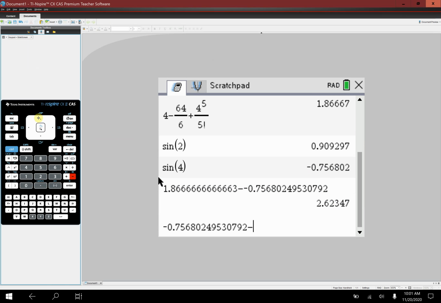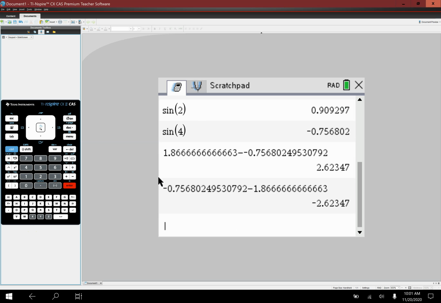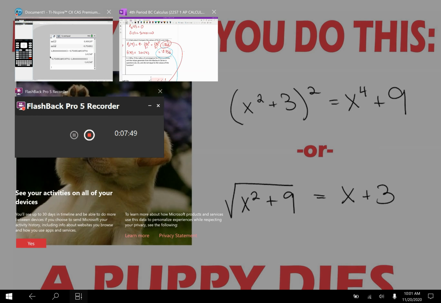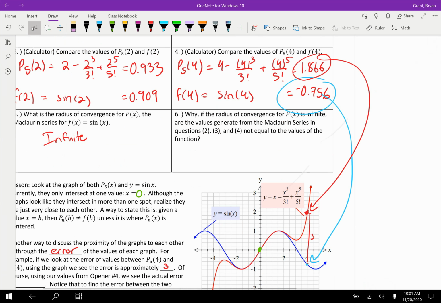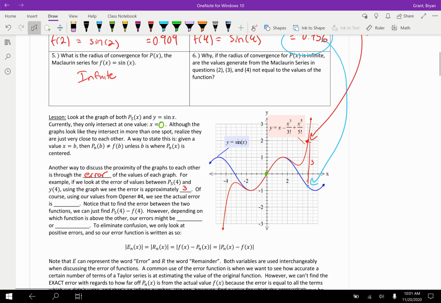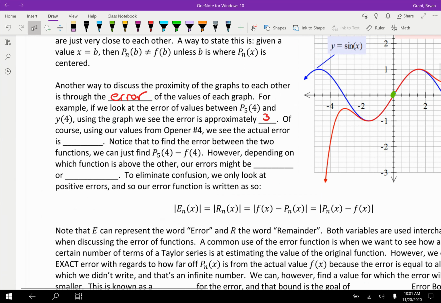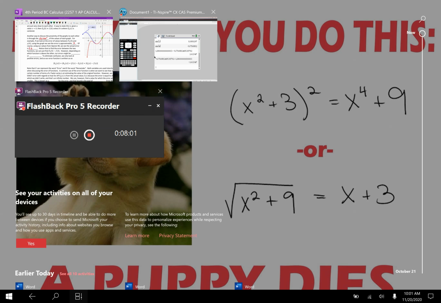Well, here's this guy minus this one. Let's take a look at that answer. Oh, well, they're the exact same answer, just one is negative, one is positive. And that's why you might have learned, maybe in science especially, that when we calculate error, we always put the error in absolute value. And so we're going to conclude that right here. So the actual error is 2.623.